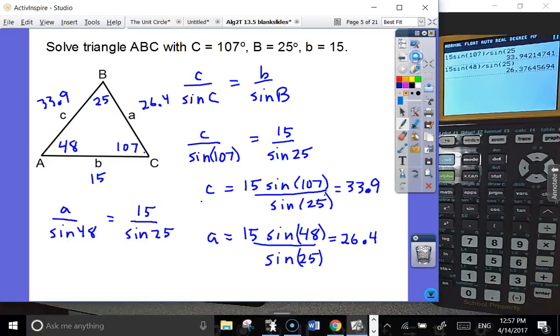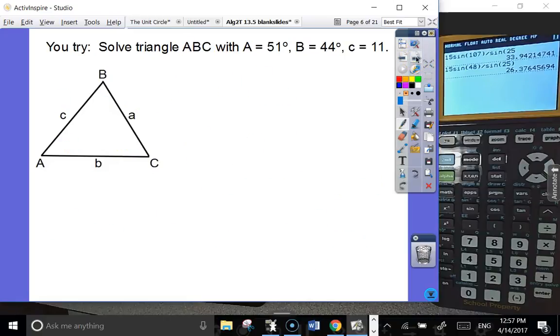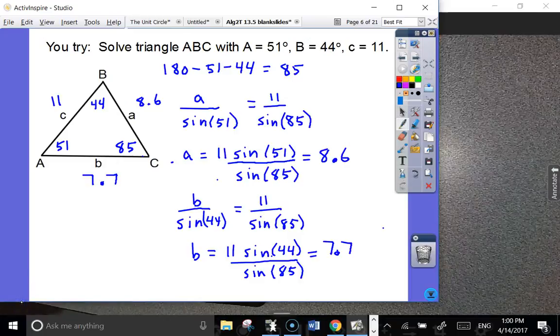So try this one as a you try. Get it? That one's right.